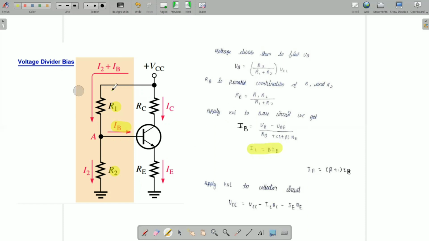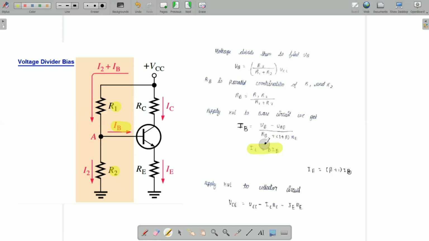Applying KVL to the base emitter circuit, we get IB equal to VB minus VBE divided by RB plus (1 plus beta) RE. We can find VB and RB by the voltage divider theorem. As we said, R1 and R2 form a voltage divider, so VB is equal to R2 by R1 plus R2 into VCC.